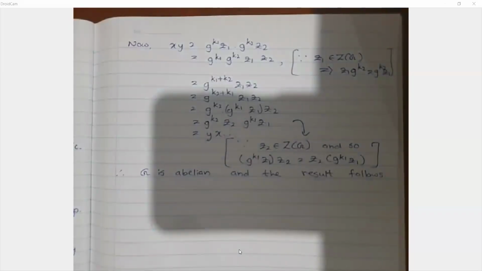Okay, one more theorem before we actually get to rings and fields. Any group of order p squared, where p is a prime number, must be abelian.